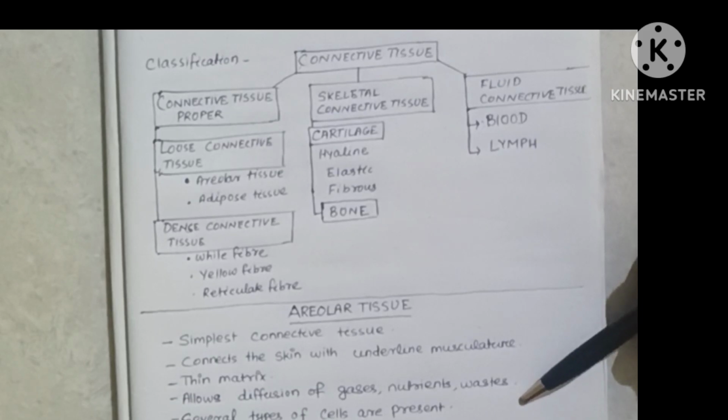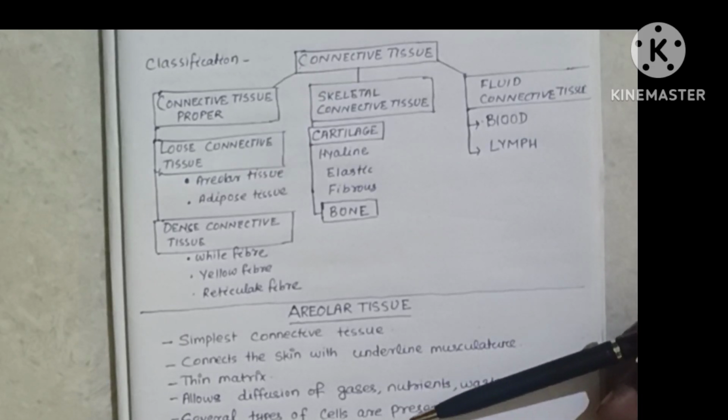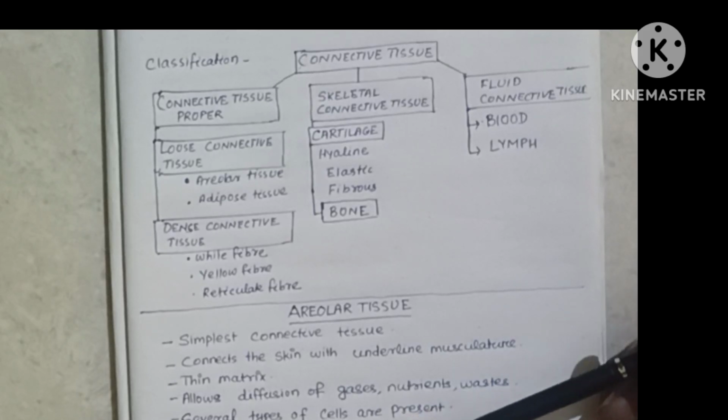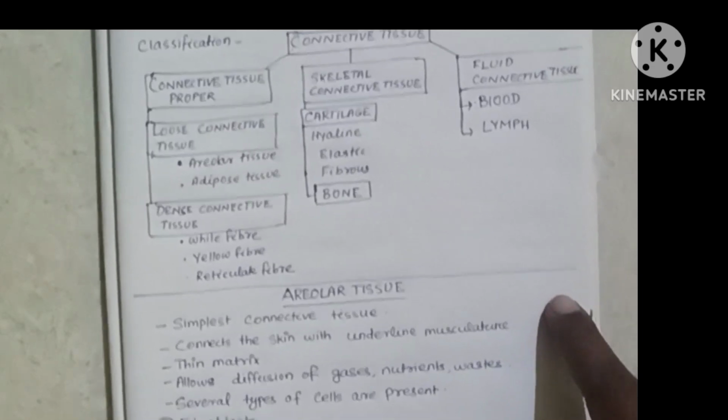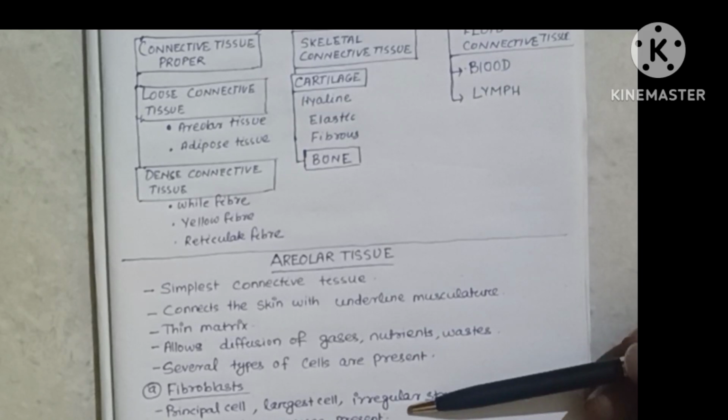Several types of cells are present. Areolar tissue is made up of many types of cells. For example, number one, fibroblast. It is the largest cell of areolar tissue and the principal cell. Its structure is irregular, with protoplasmic processes present.